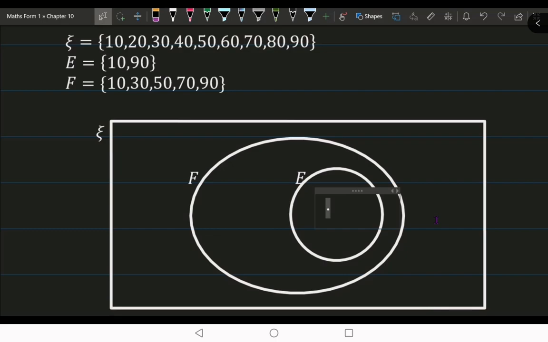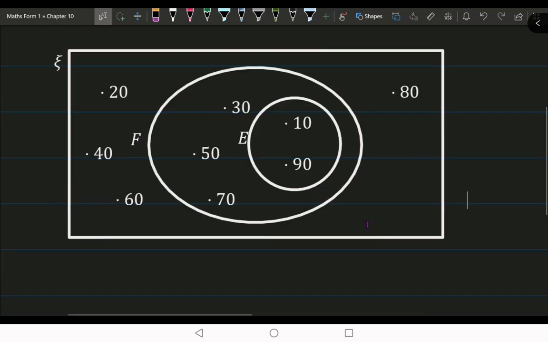We call this diagram a Venn diagram. It was discovered by Venn, the name of a scientist or mathematician named Venn. I don't know who she or he is.